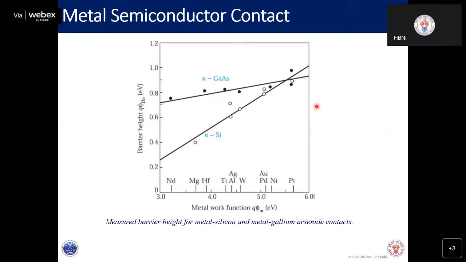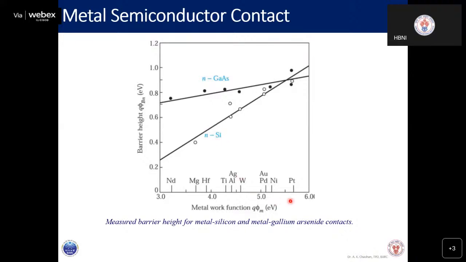Now, you can use different metals with different semiconductors to get different barrier heights. Here, for silicon, because mostly we are seeing silicon only, suppose we have N-type silicon.